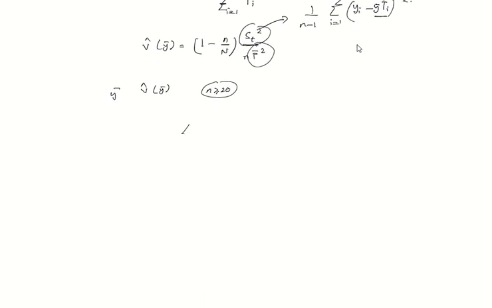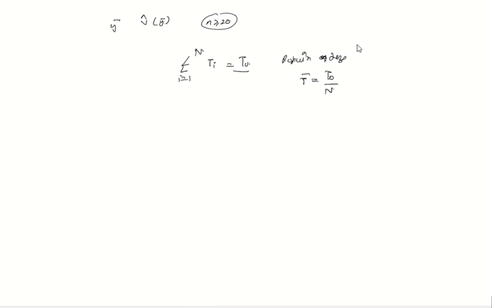Now summation i equal to 1 to n ti is equal to t to denote the population size. Then t bar is also t divided by n.